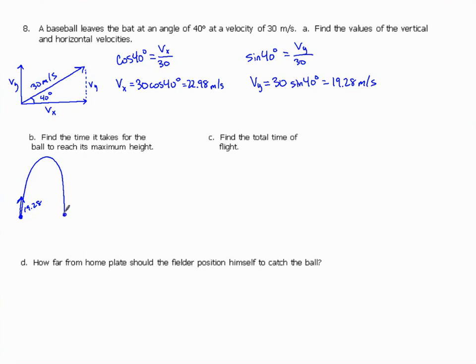Which means that as it hits the ground, its velocity is also 19.28. Remember, throwing speed equals catching speed. And we are looking for how long it takes to reach the maximum height.